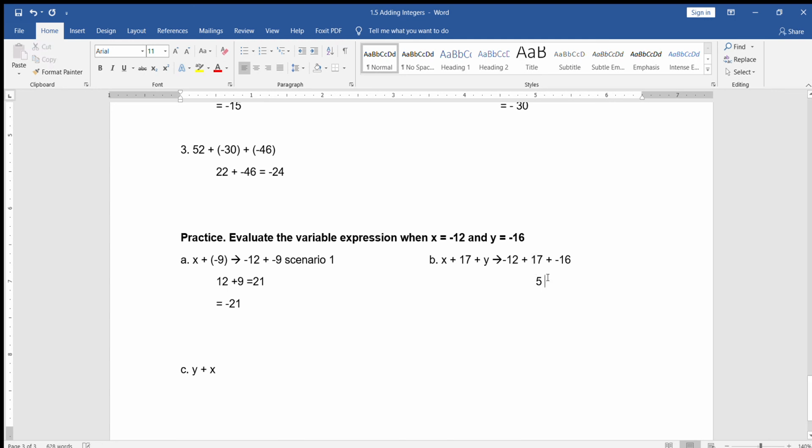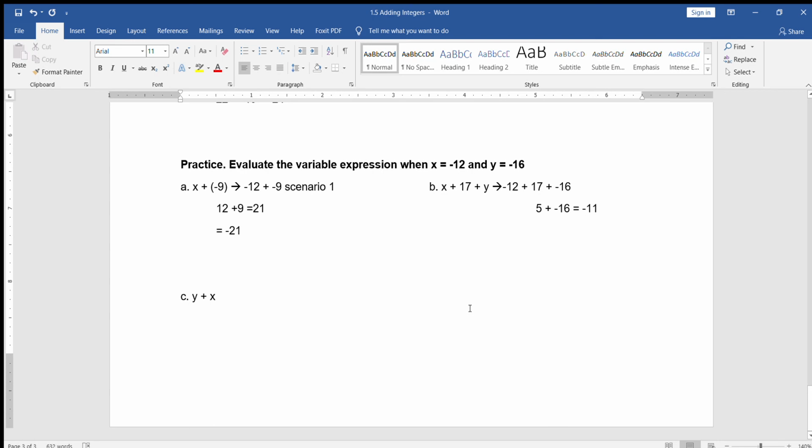Now we're just going to bring down the remaining number, plus negative 16. 5 plus negative 16 is 11, and the sign of 11 is going to be negative. 5 plus negative 16 is negative 11. Hopefully you guys got the same answer as me on B.